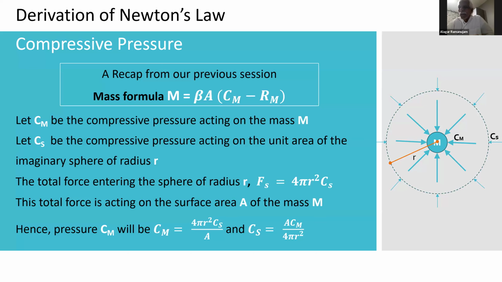They all got the r square term, but they did not get the mass term because they did not define what is mass. So the challenge is there even today to derive Newton's law.